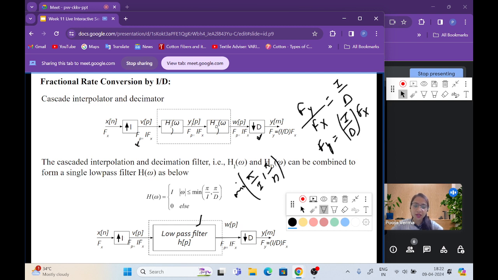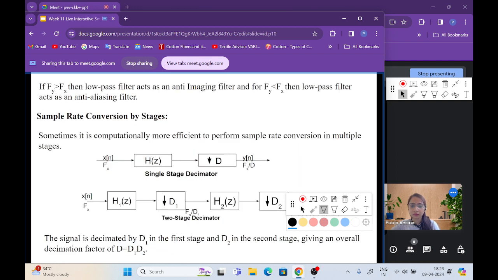Then again we are decimating the sequence, and the overall representation looks like this, where f of y is the output frequency, related to f of x by I by D. If f of y is greater than f of x, then the low pass filter acts as an anti-imaging filter. If f of y is less than f of x, then the low pass filter acts as an anti-aliasing filter.